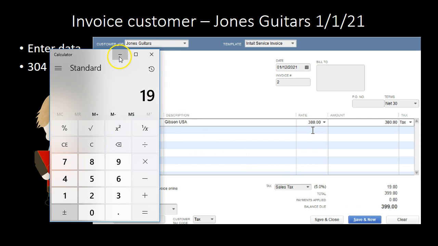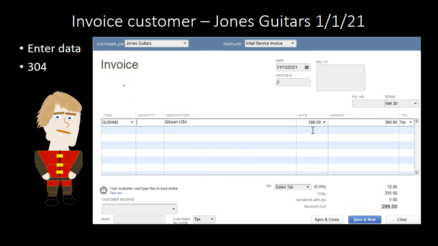Remember, what this represents, however, is more complicated than just the data input. This is all we need to know in order to generate the input and send out the invoice. However, in order to record this and see what's going on in the financial statements, QuickBooks is in essence saying, because it's an invoice, we're going to do something to accounts receivable and say that the people owe us $399.